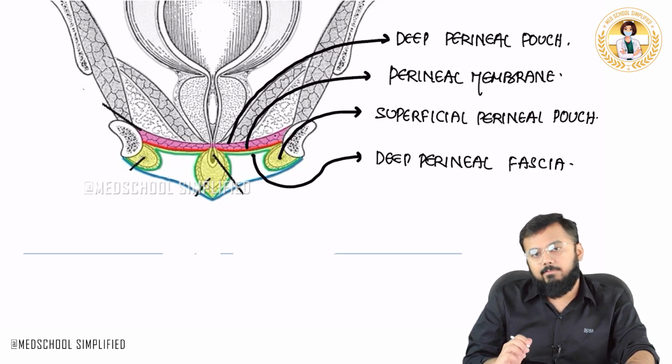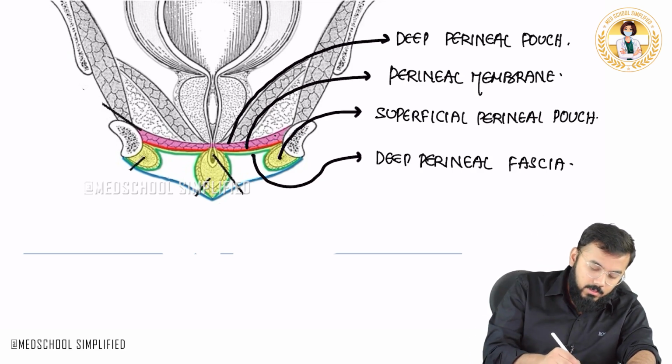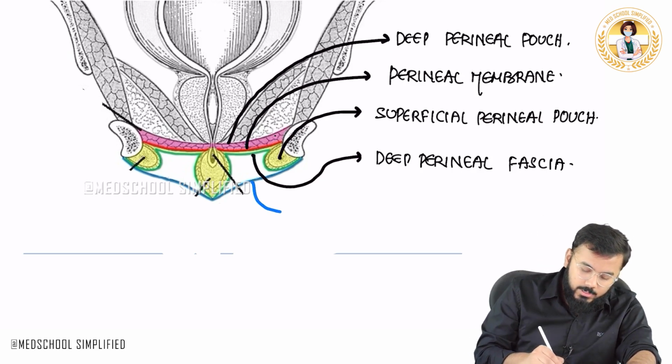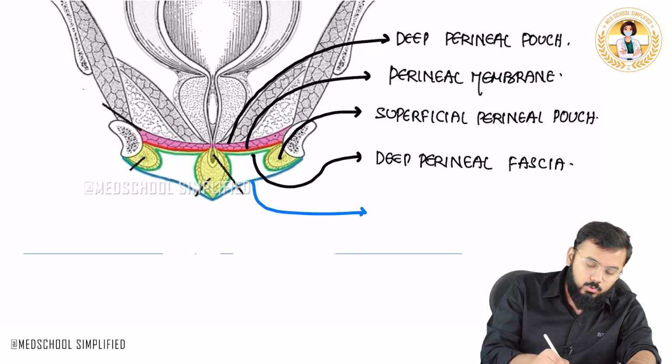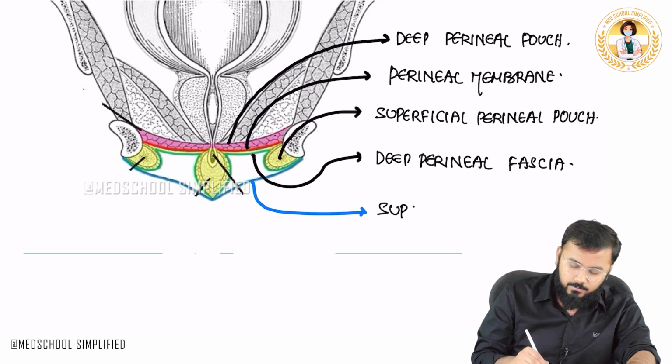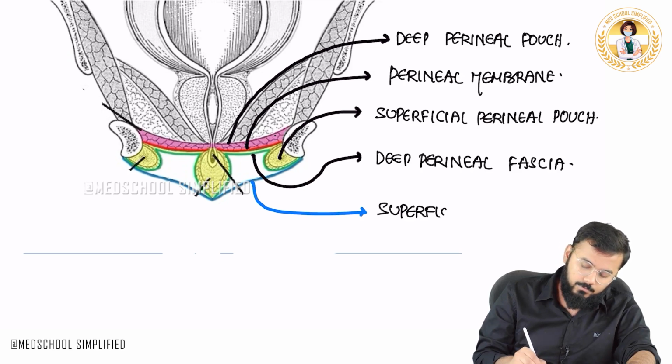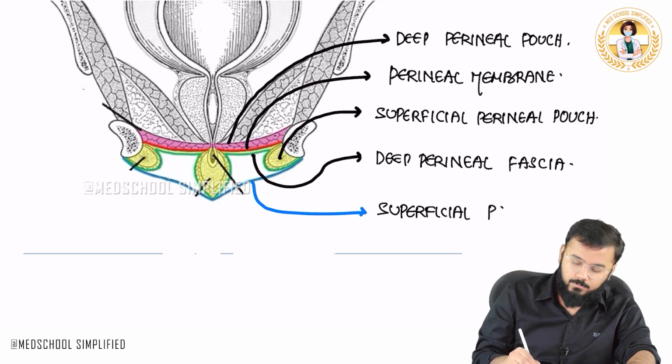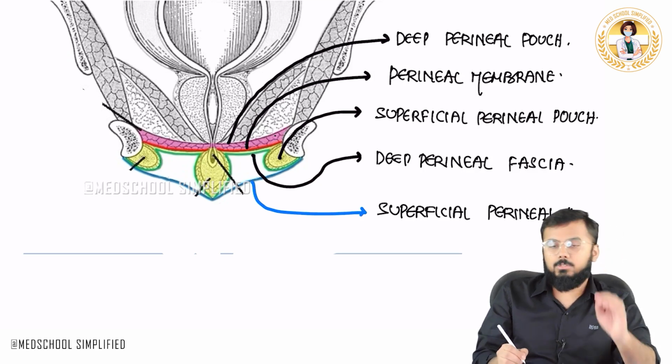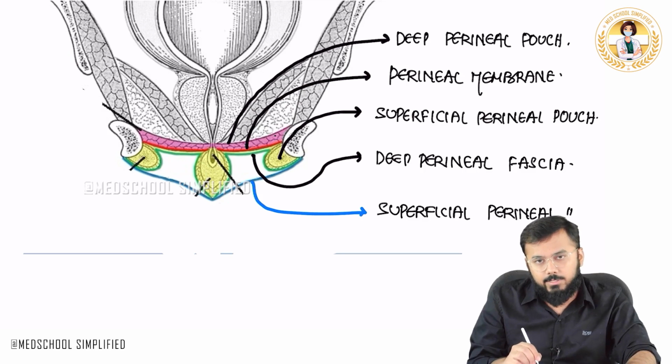After this deep perineal fascia, the next layer which you have is the superficial perineal fascia. So this particular fascia which you can see is called your superficial perineal fascia.